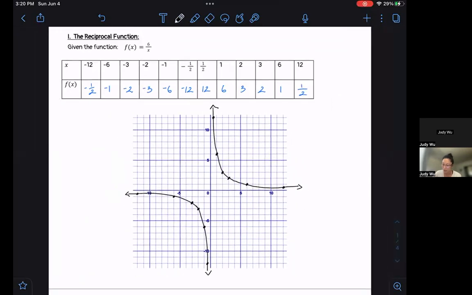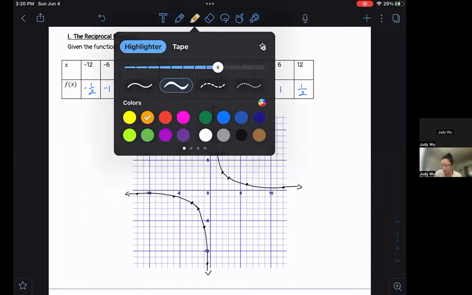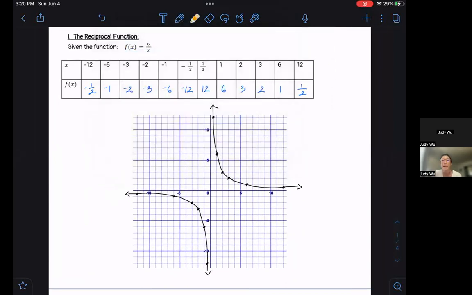All right. Now, in addition to having two branches, which is different than some of our other graphs, this graph also has some other interesting characteristics. In particular, it has this sort of line that the function gets close to, but doesn't really ever get to.